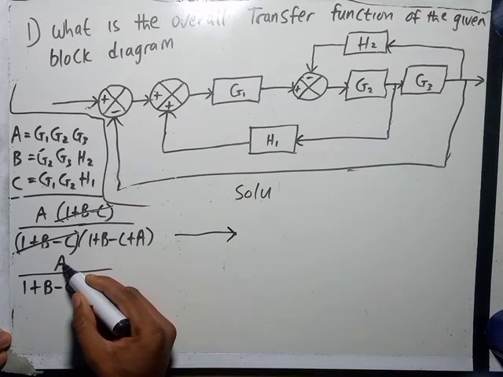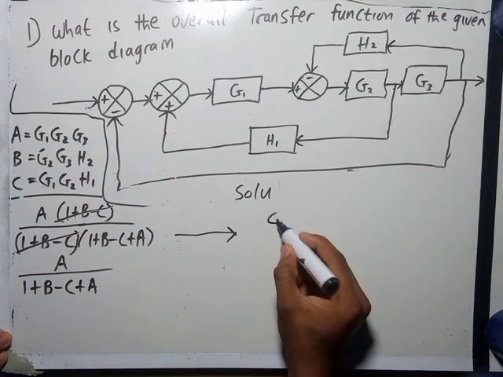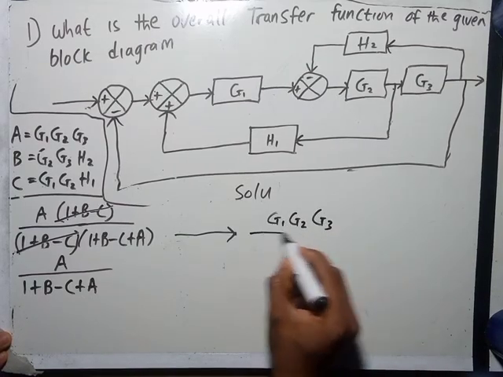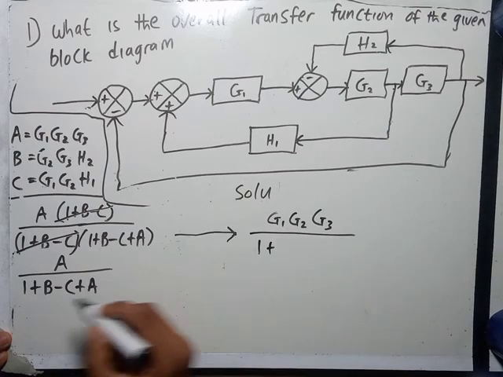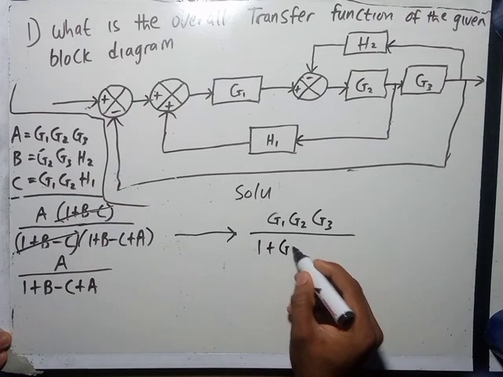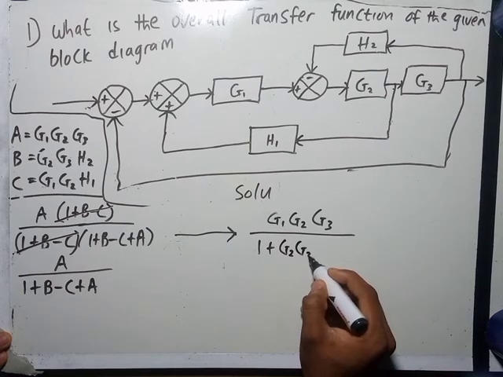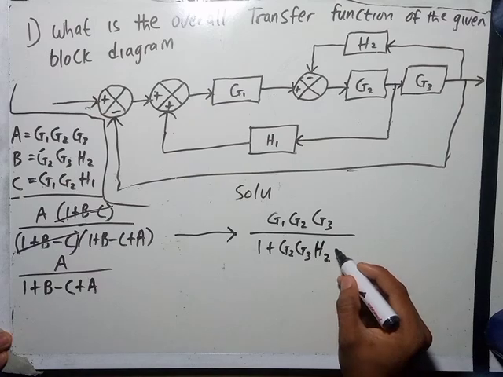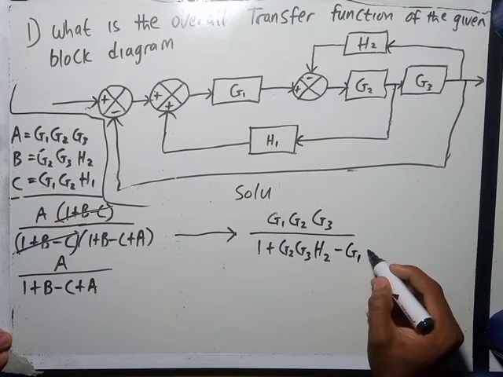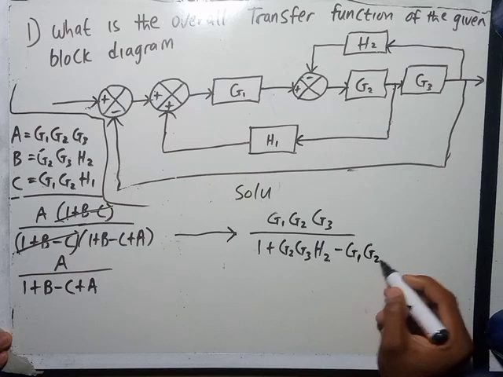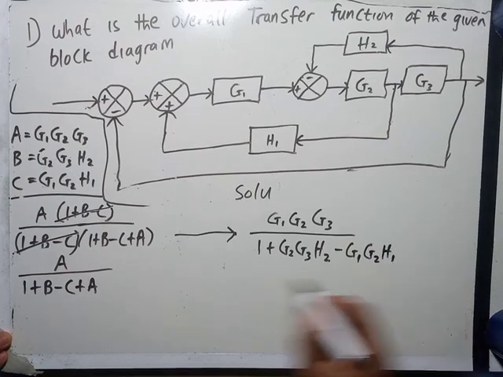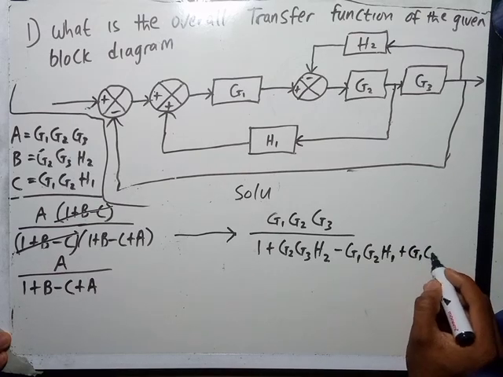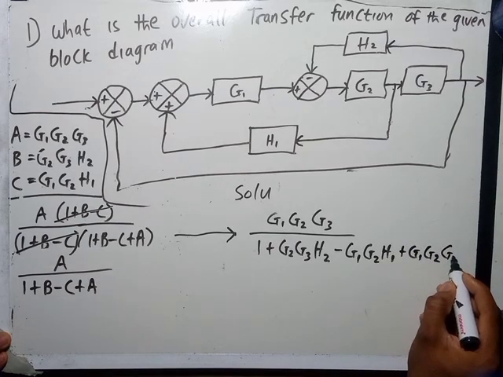Now the A being G1, G2, G3, all over 1 plus B being G2, G3, H2, minus C being minus G1, G2, H1, plus A, which is G1, G2, G3.